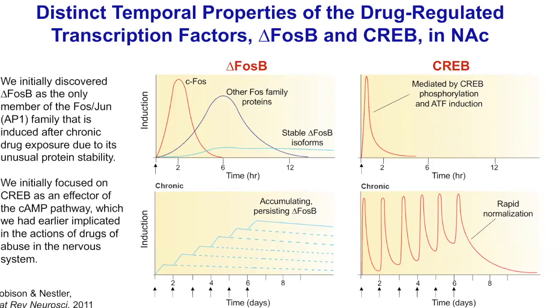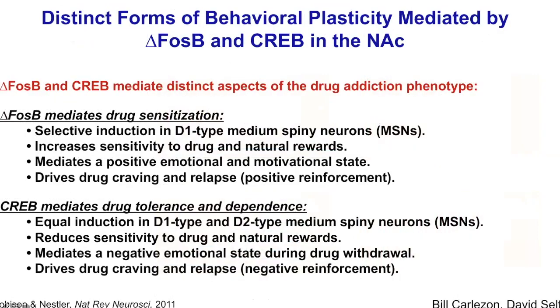We've looked at CREB, found it too being upregulated, but with a much more typical time course compared with the unique time course of deltaFosB. And over the ensuing couple of decades, we've accumulated a lot of data about how deltaFosB and CREB work.